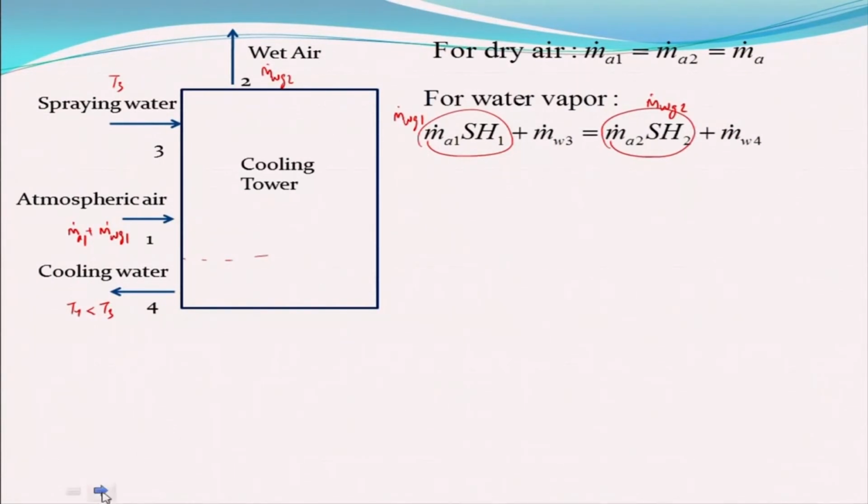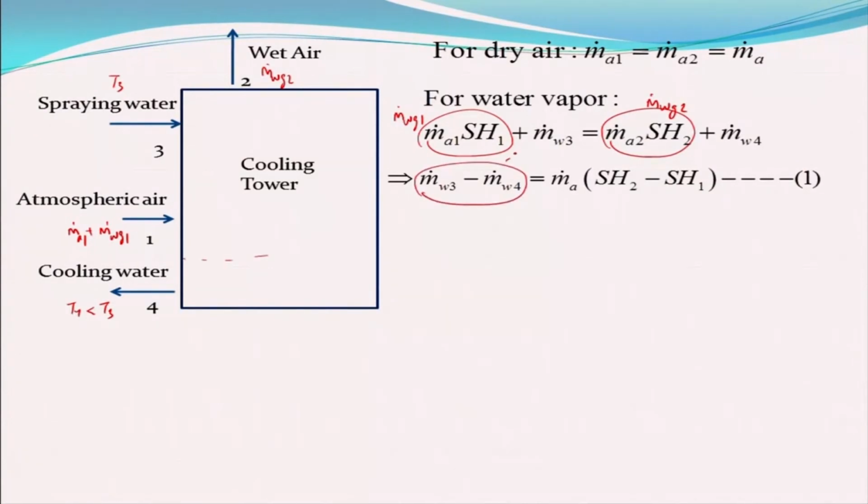So what you do, you can say that m_w3 minus m_w4 is nothing but the mass flow rate of air, because by mass balance we know that, into ω2 minus ω1. And this is known as the makeup water. That means this difference, m_w3 minus m_w4, is the amount of water which goes out of this cooling tower through station 2.